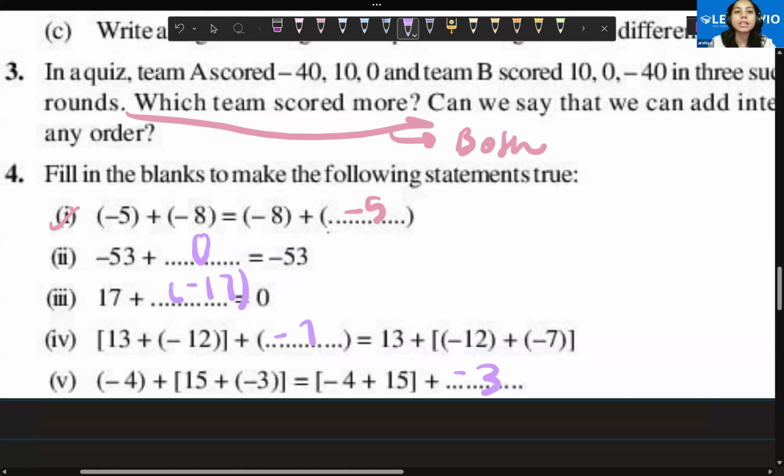All right. Now we will start with the multiplication of integers. First of all, make sure you learn that when two positive integers are there, we have a positive sign. When two negative integers are there, we have a positive sign, but when opposite integers are there, then we have a negative sign. Let's start with the multiplication.